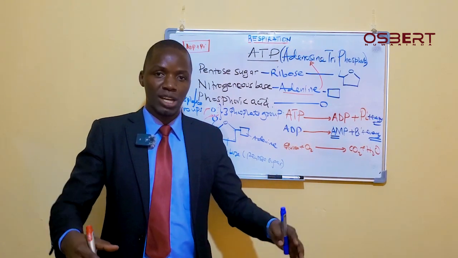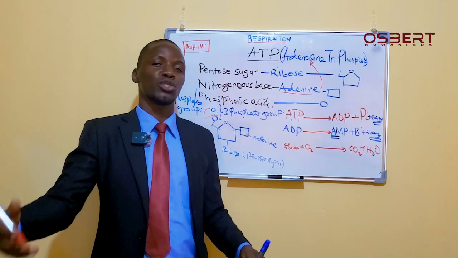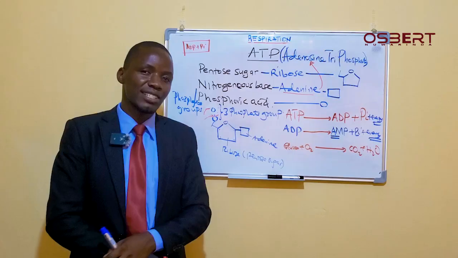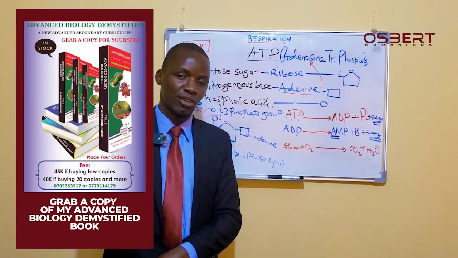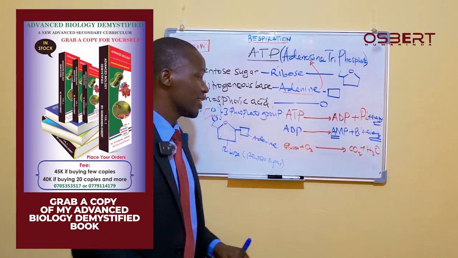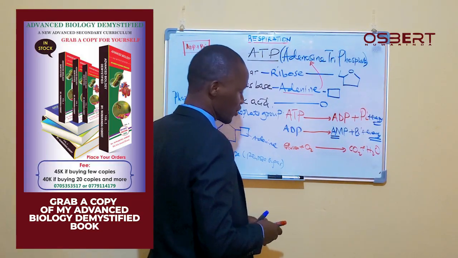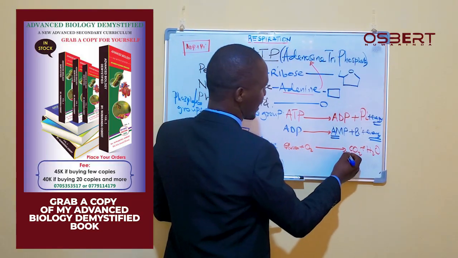When those molecules come together, they form a chemical molecule known as ATP, and that molecule is what reserves the energy for future use. So once this reaction has occurred, I'm supposed to put plus energy.